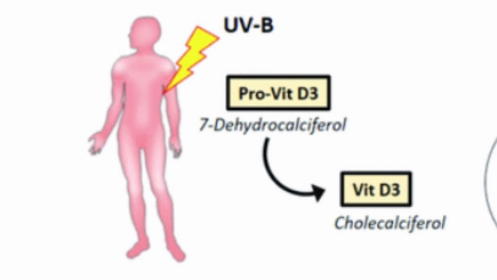When skin is exposed to sunlight or certain artificial light sources, the ultraviolet radiations enter the epidermis and cause the conversion of 7-dehydrocholesterol to vitamin D3.